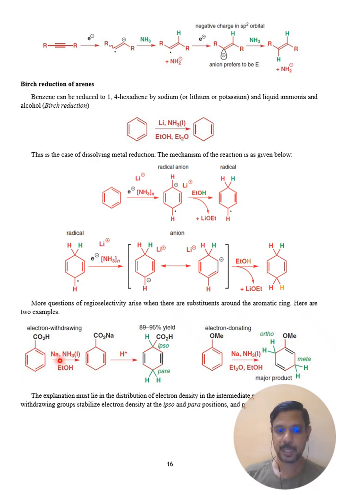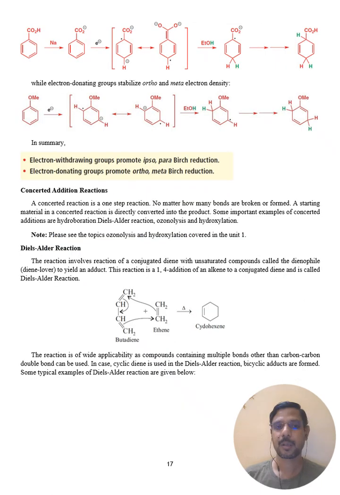For example, take sodium that gives an electron, right? So it reduces one position first. We will see in the next slide how the mechanism occurs. See here, the sodium gives an electron, that electron is taken and it produces the anion. That anion will take one proton, and then the second electron given to the benzene ring makes a carbanion.